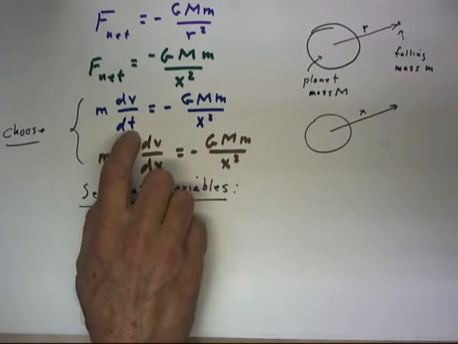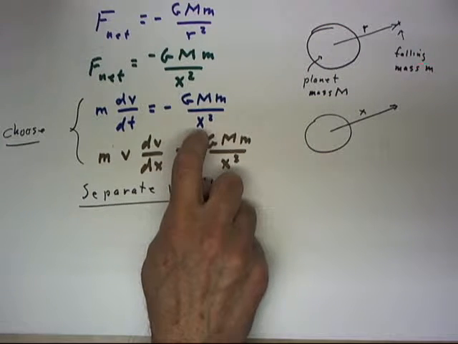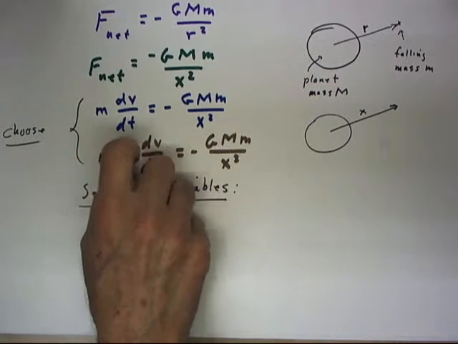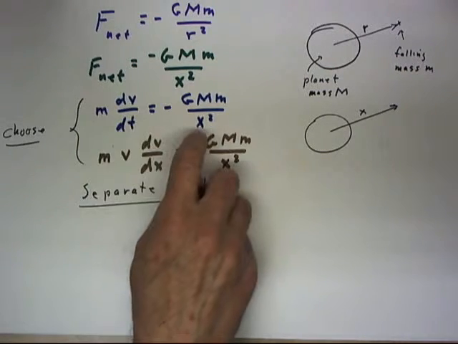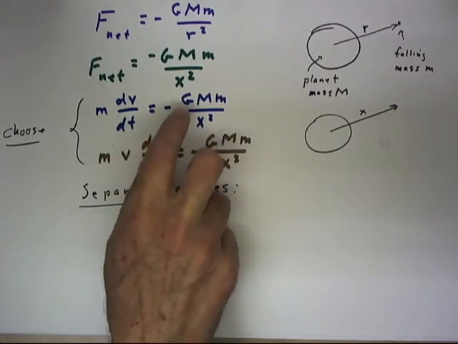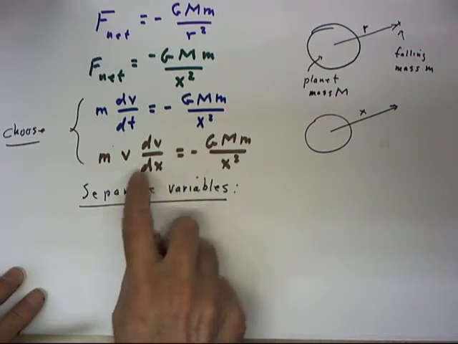Here the variable is t, whereas our force is given in terms of x. So we're going to have three quantities: v, t, and x, and no specific relationship between t and x. So that's not going to be a good choice.